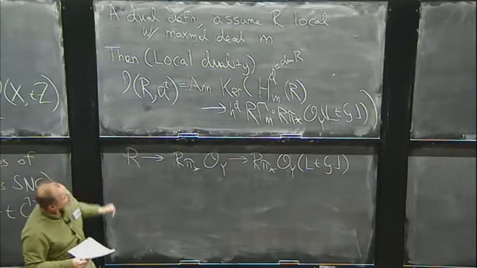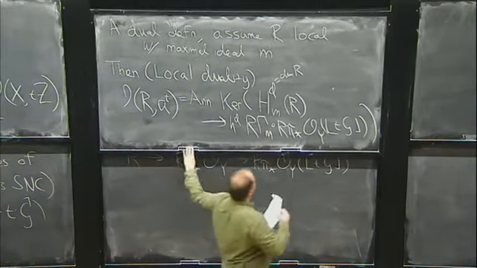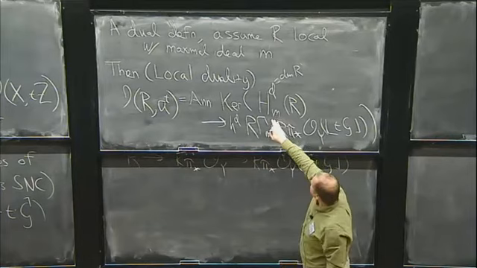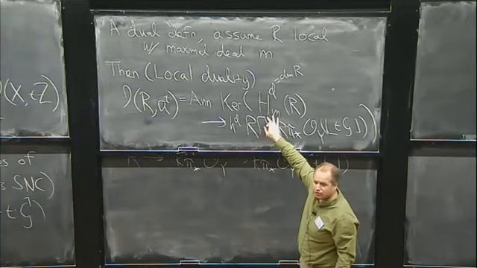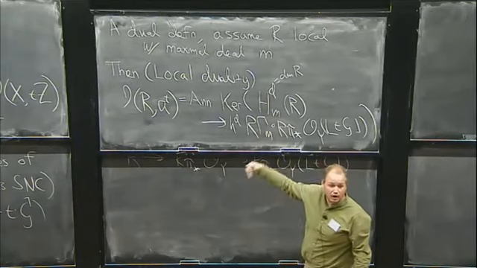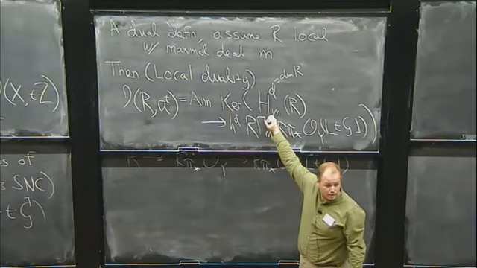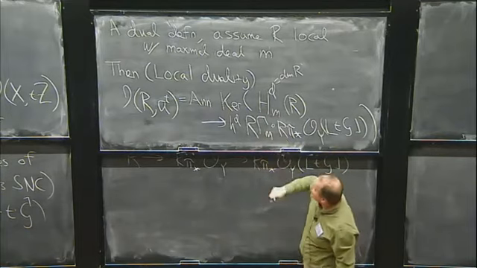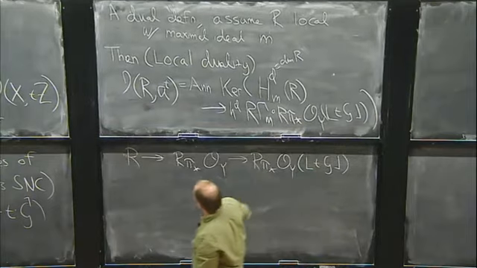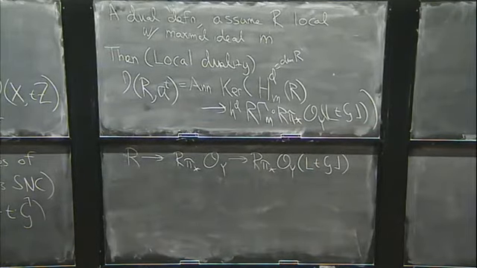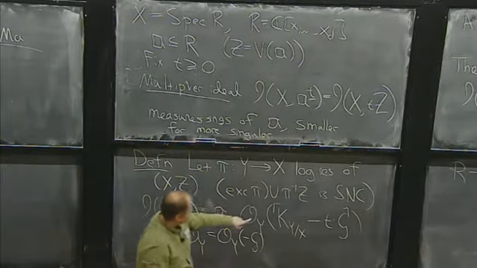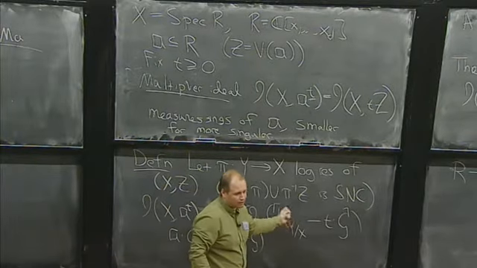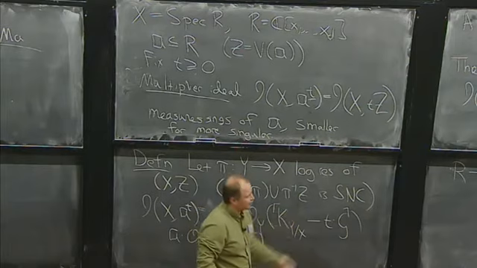And the point is, there's this theory called Matlis duality or local duality, which tells me that this guy is sort of dual to the canonical module. This guy really is dual to the canonical module. And because my ring is regular, dual to the canonical module, I mean, the canonical module is identified with R, and this thing is just the relative canonical module, and so on.